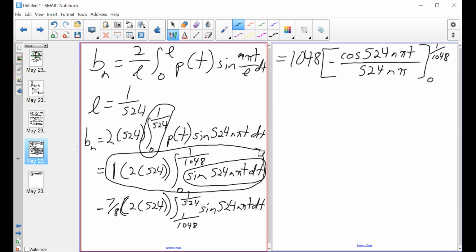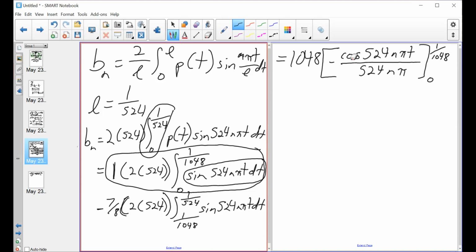So all you need to worry about, if you're not familiar with calculus, is just use this result. If this was 766, it'd be negative cosine 766 n pi t over 766 n pi. Just look at the pattern and not worry about the minutia if you're not in calculus. Just notice the pattern going from sine 524 to this. You're just repeating the pattern. Don't worry about what you don't know about it. Just repeat the pattern.